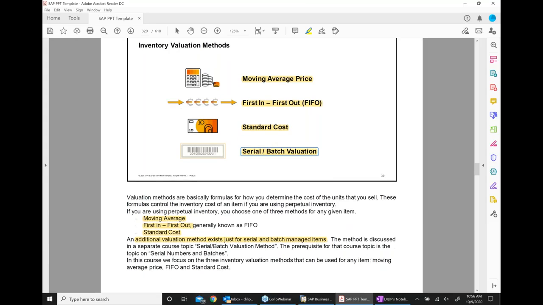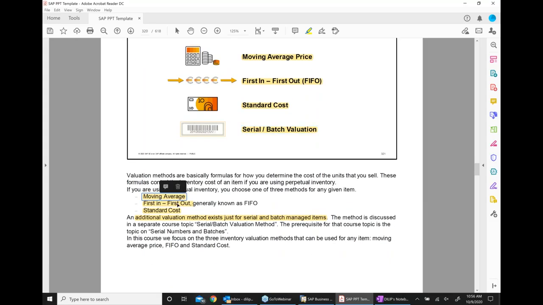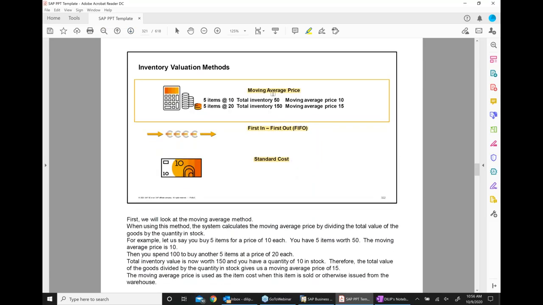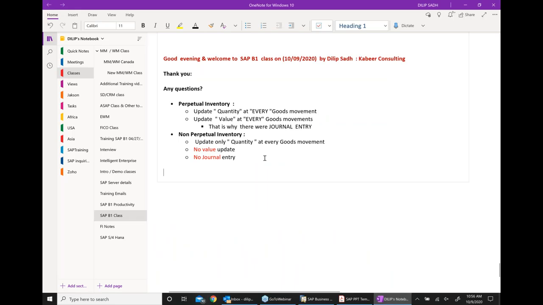So we have these three options: moving average, first in, first out, standard cost. Now what are these three, and what is the difference between them? Moving average price is basically a weighted average. So how does moving average price work in terms of calculation?